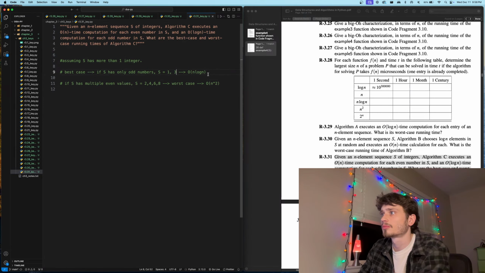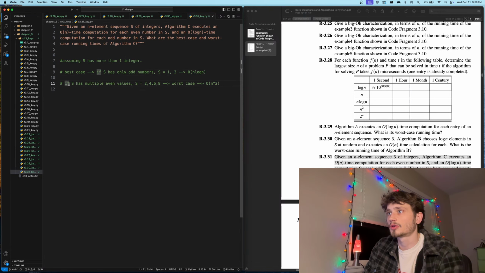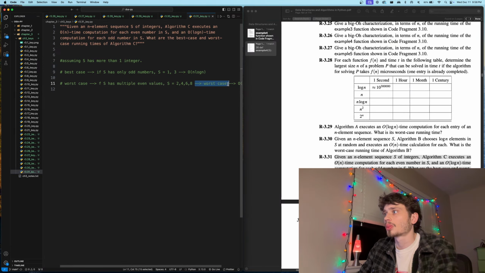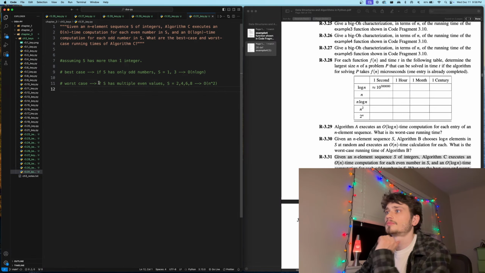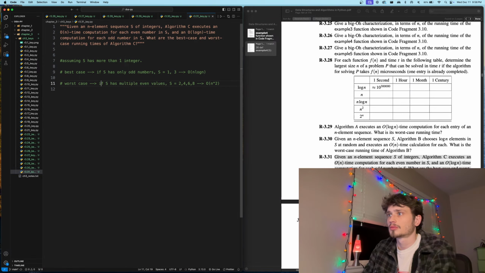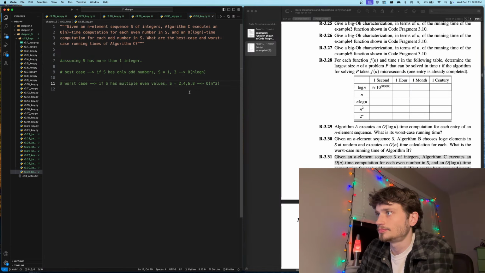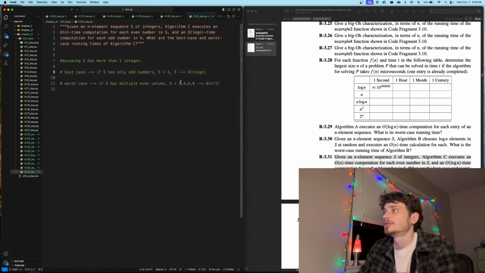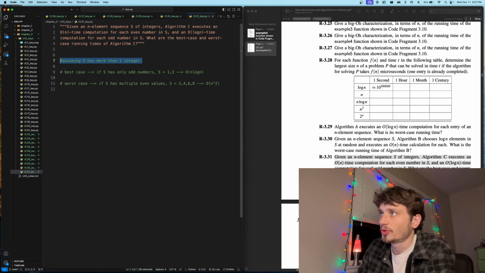This is going to be the worst case. So we're assuming that S has more than one integer per its definition, right? A plural of integers is here. Cool.